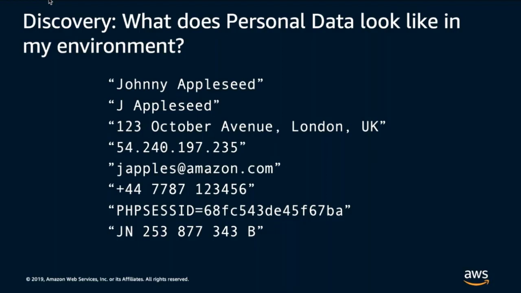They may have different ideas of what is considered to be personal information. This may include names, addresses. It may include things like IP addresses, email addresses, session data, and so on and so forth. But again, as you have control over this, you have to decide what is considered PII, personally identifiable information or personal data, and then figure out where that exists within your environment.